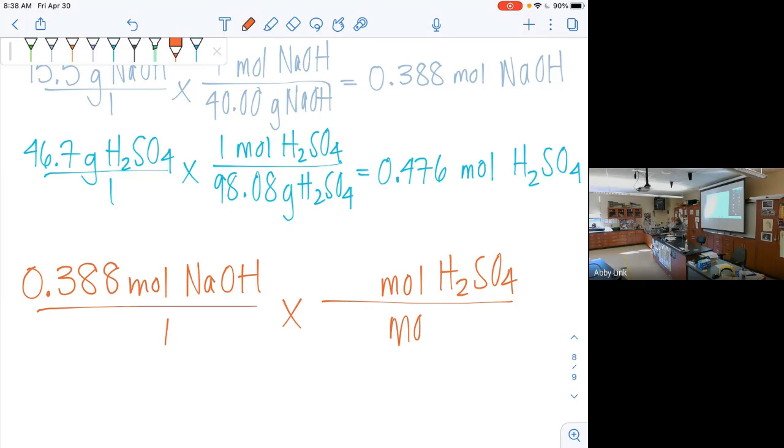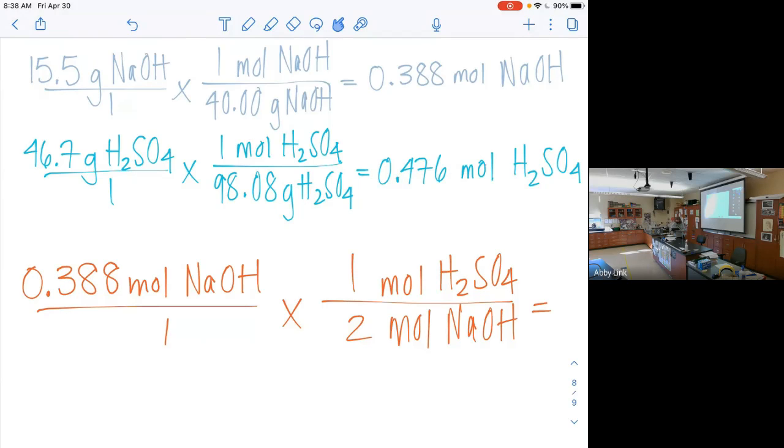And then I'm going to ask you, do we have enough? All right? This is a straightforward mole-to-mole ratio calculation. So I need the coefficients from my balanced chemical equation.